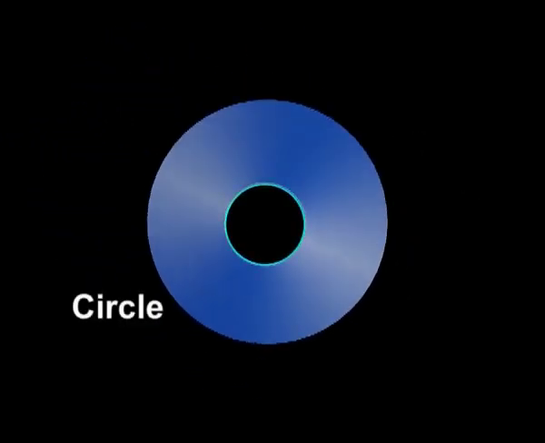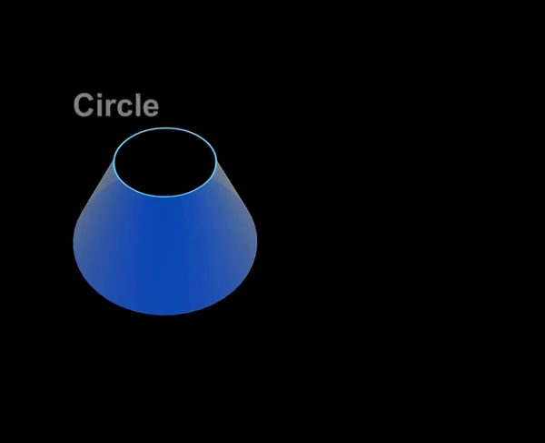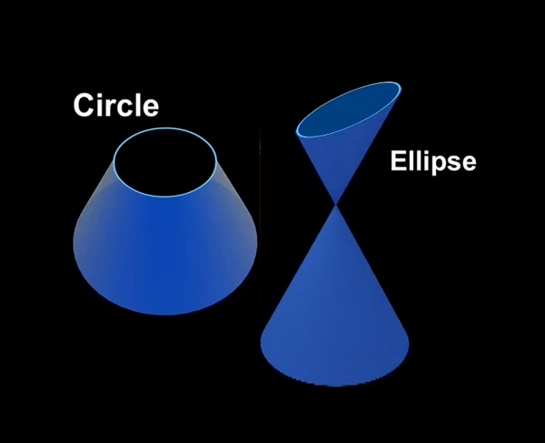We may notice that if the plane is actually perpendicular to the axis, that is, it is horizontal, then we get a circle, showing that a circle is really a special kind of ellipse.